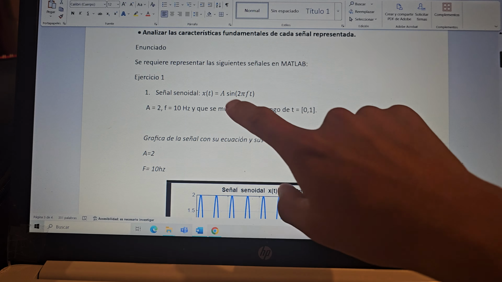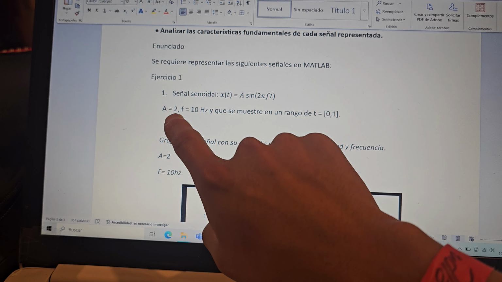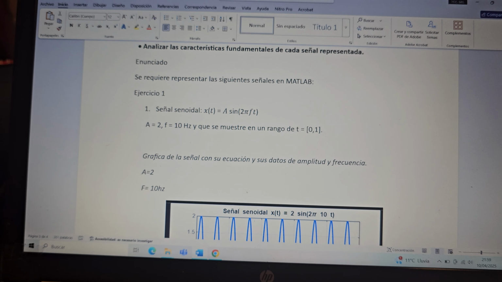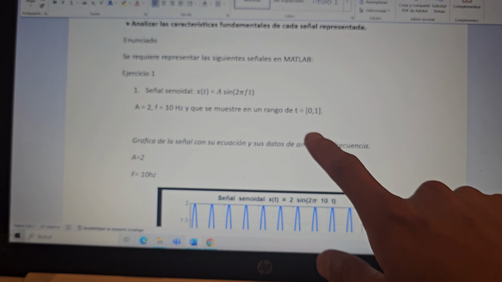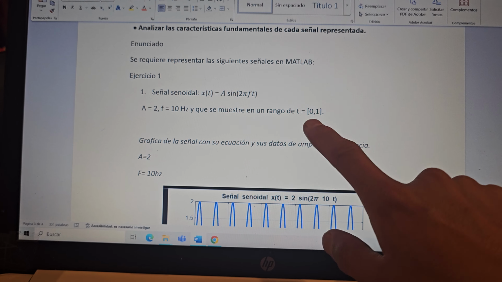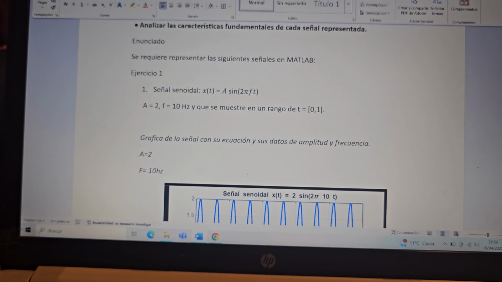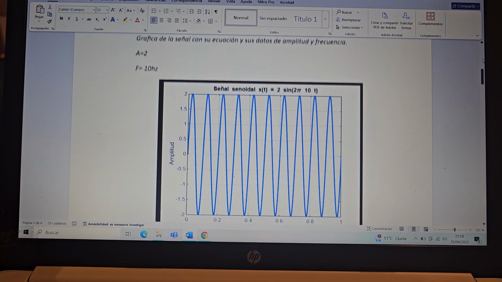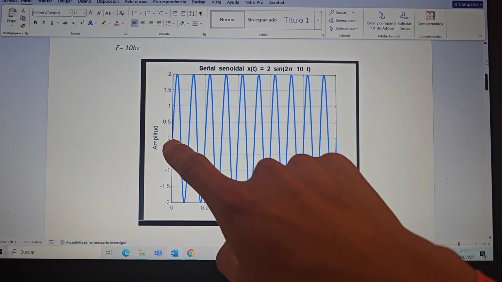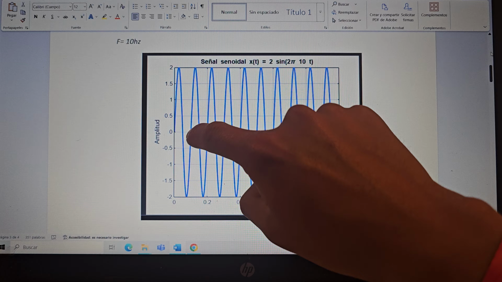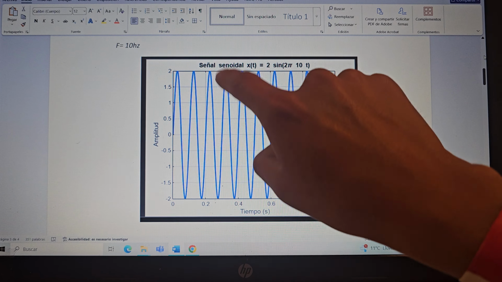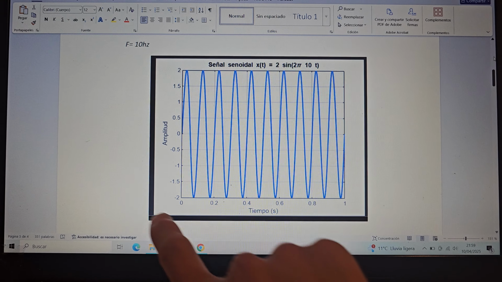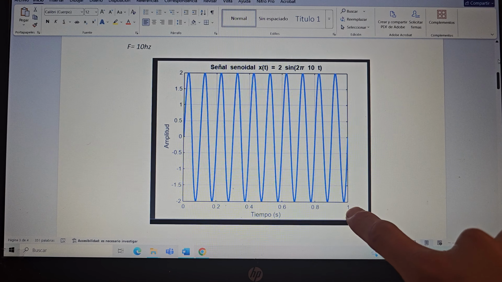Sinusoidal signal where the amplitude is going to be 2 and the frequency is going to be 10 Hertz, and that's going to show in a range of t equals 0 to 1. Now this is the graphic of the sinusoidal signal, and as you can see, this is the first period, second period, third period, and so on, up to 10, in the range from 0 to 1.